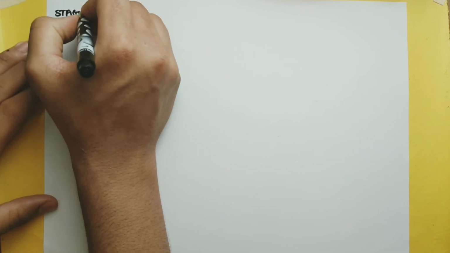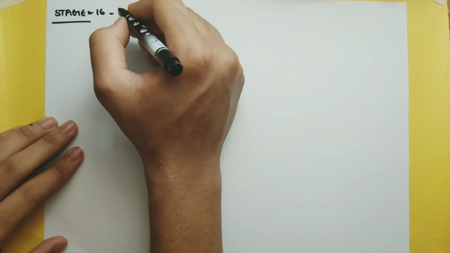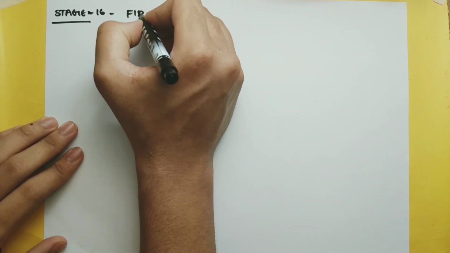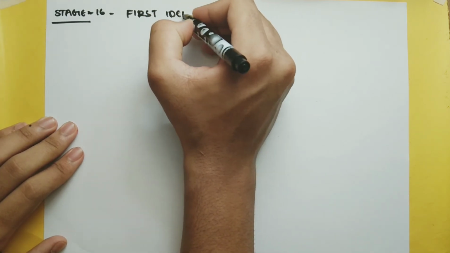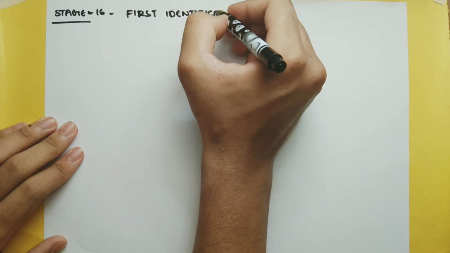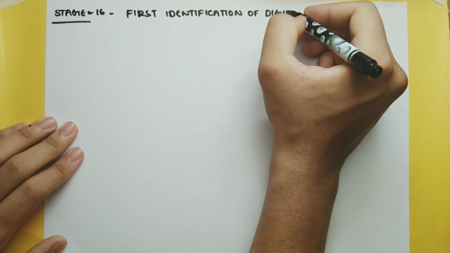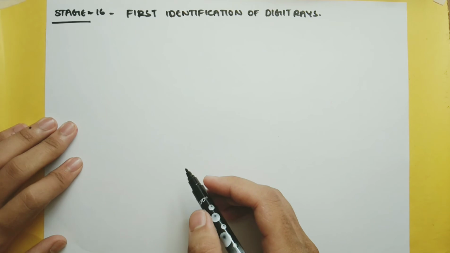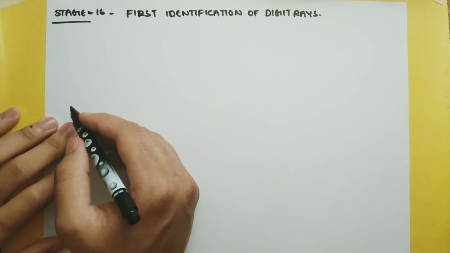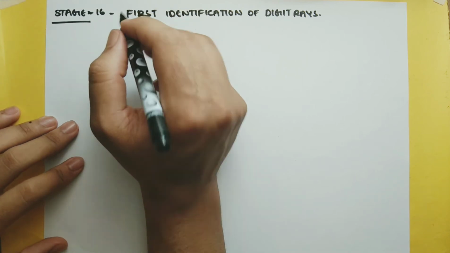Now comes the next stage, stage 16. In the stage 16, first identification of digit trace takes place, and here there is a main point.